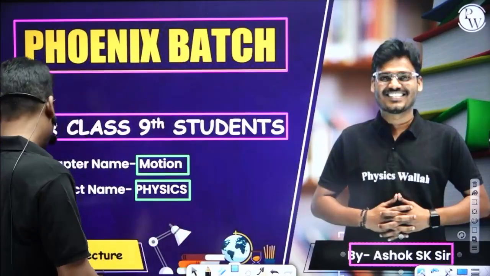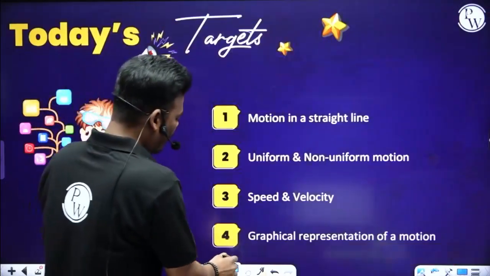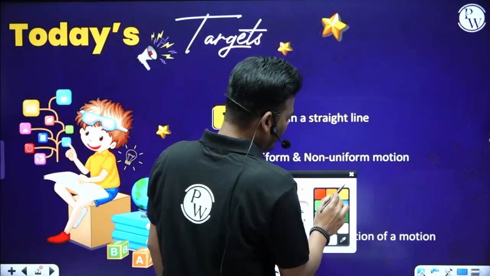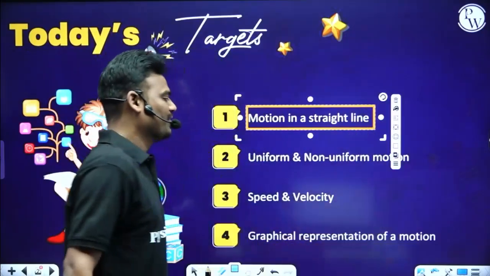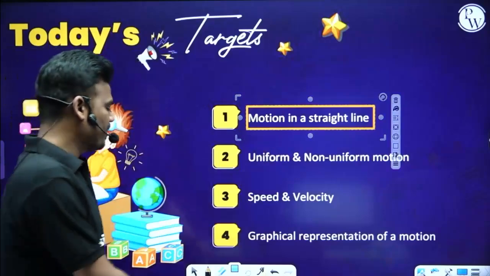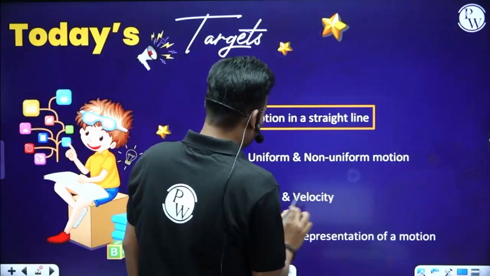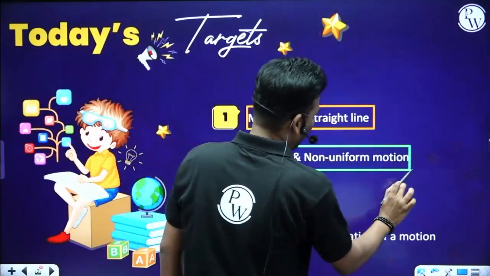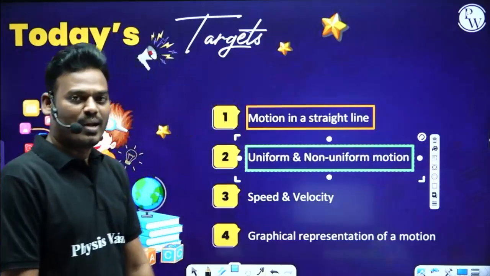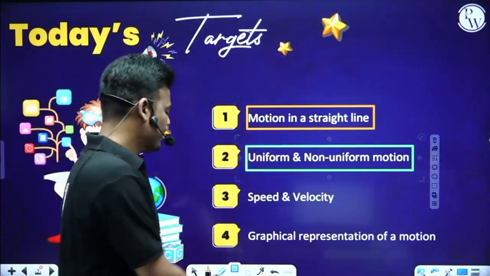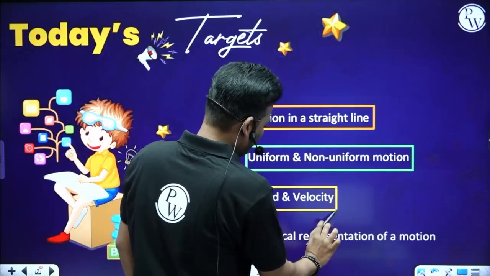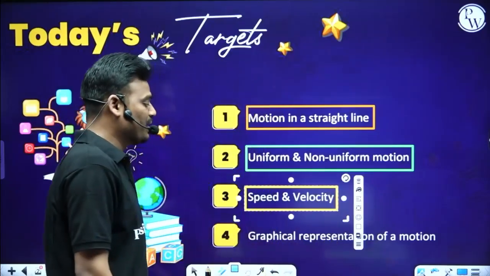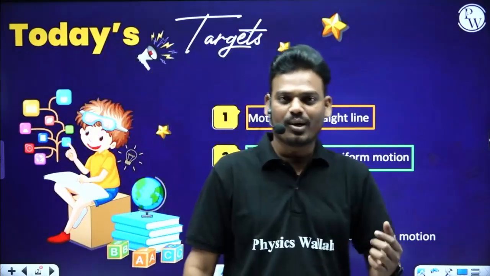In today's lecture, we are going to start with a very important topic, that is motion in a straight line. Then after this, we are going to cover uniform and non-uniform motion. After this, very important physical quantities in physics, that is speed and velocity.